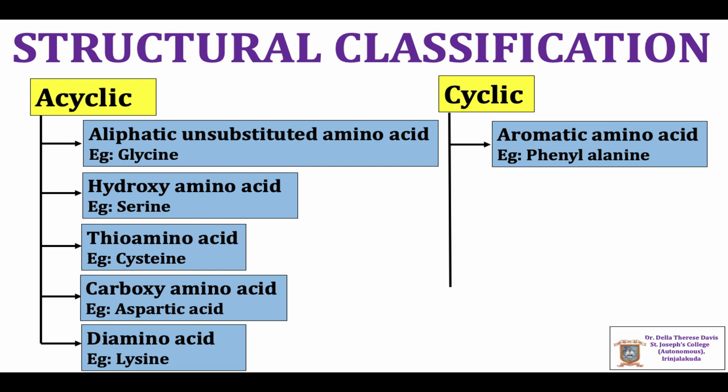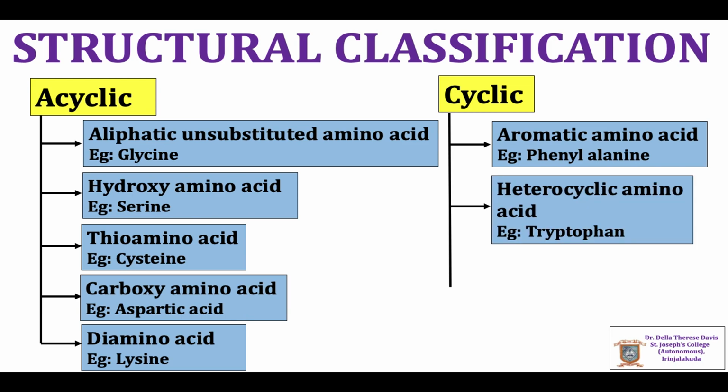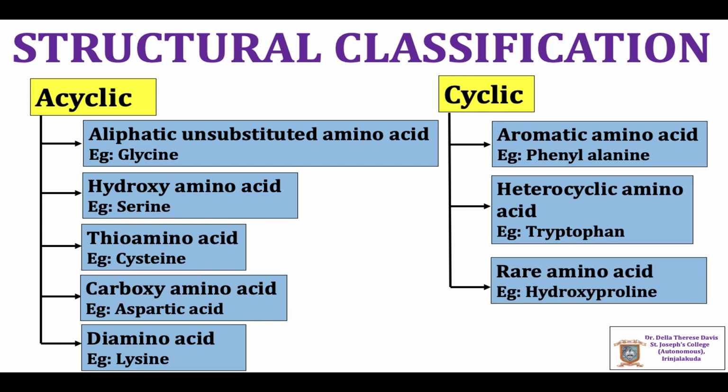Cyclic amino acids are classified into aromatic amino acid, example phenylalanine. Heterocyclic amino acid, in which there is a heterocyclic ring. Example tryptophan. And the last one is rare amino acid. Hydroxyproline is an example for rare amino acid.